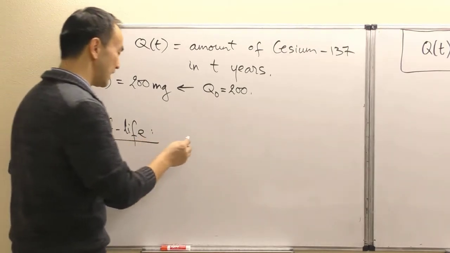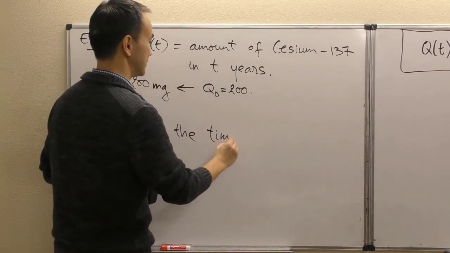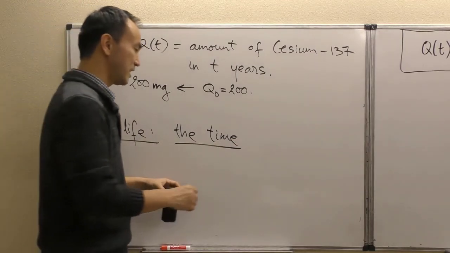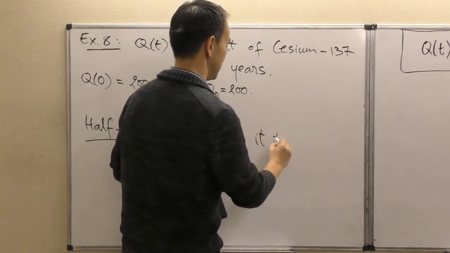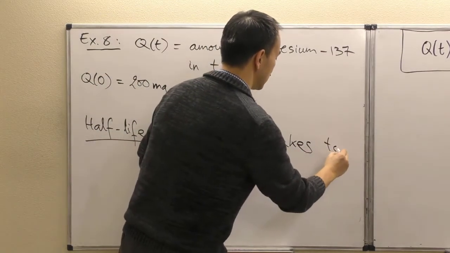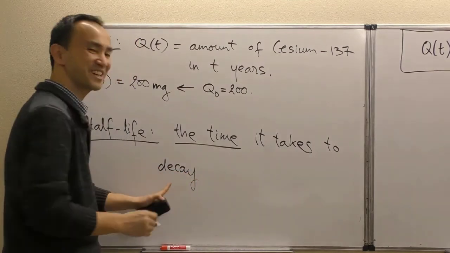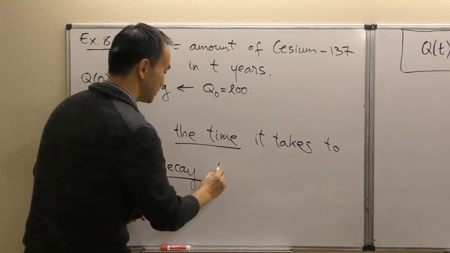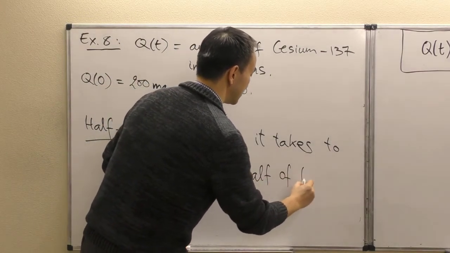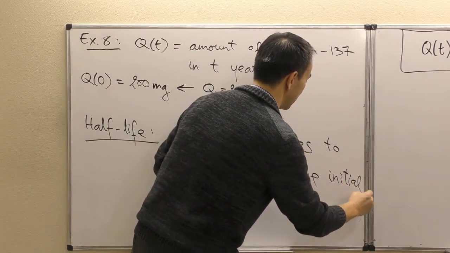So half-life is the time. It's really important that you highlight it is the amount of time it takes to decay to half of the initial amount, for whatever initial amount that is.